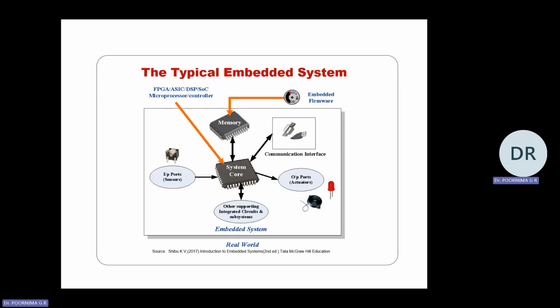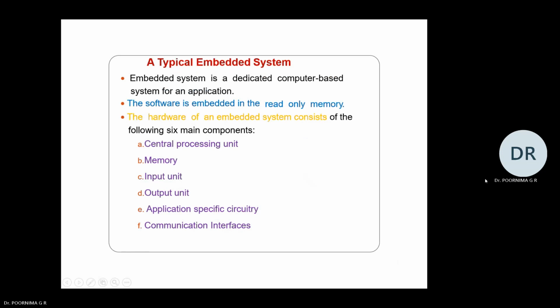How will the typical embedded system look in its block diagram? This is a pictorial representation of an embedded system. It will have the system core, the memory, the communication interface, input ports, output ports, and supporting documents.